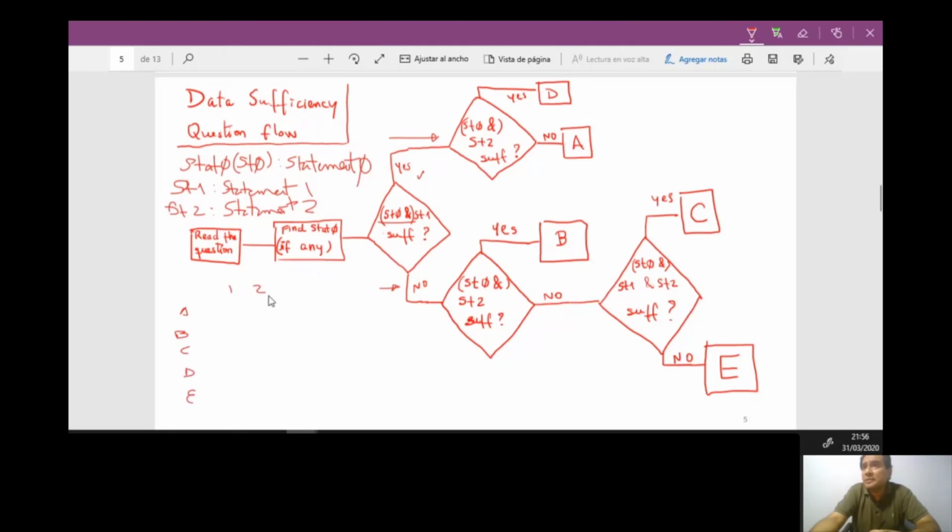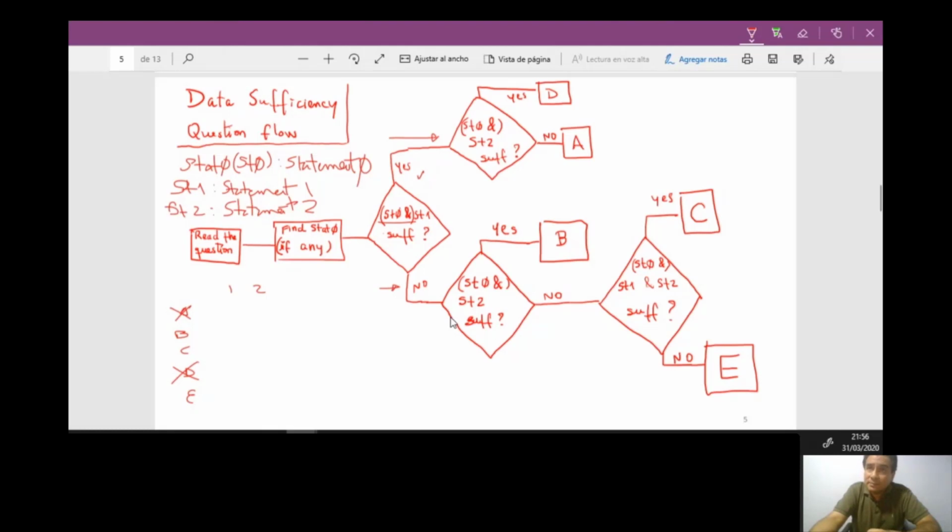What could you do here? For example, if statement 1 is not sufficient, immediately discard these two answer choices. Okay? That's when statement 1 is not sufficient.